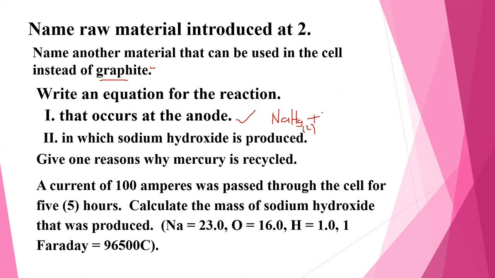And we used water to break this mercury, that is, water to break the mercury, which gives us sodium hydroxide, which is now aqueous also, because it is solution, plus hydrogen gas.